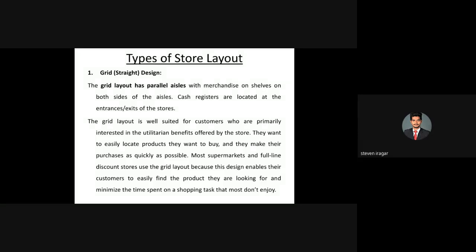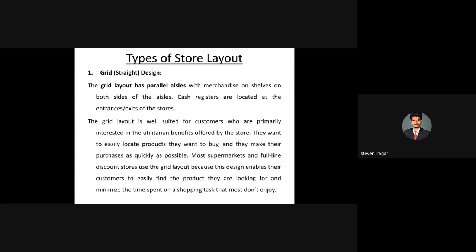Fine. So that particular passage we call aisles. Now here, this type of grid layout has parallel aisles where on both sides people can find the racks. Fine. So merchandise is on the shelf, and also on both sides of the aisle, as I told you.